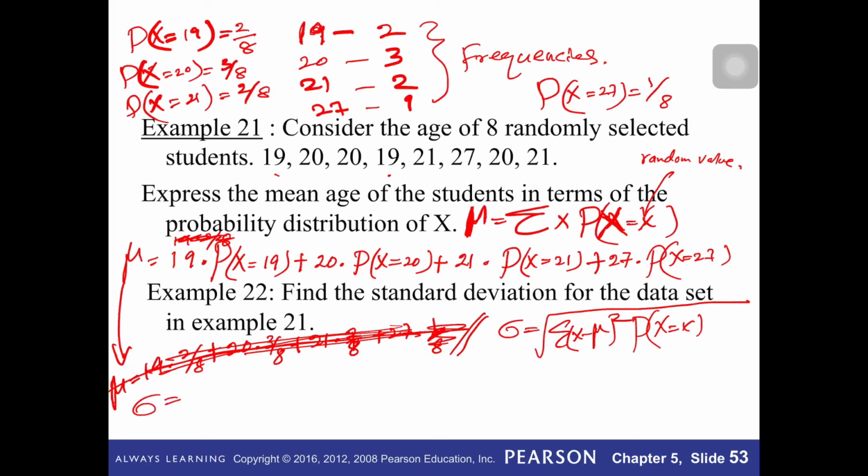Summation of x minus mu, so for each x: first x, 19 minus mu. I will keep mu as mu here because I don't know its value yet.